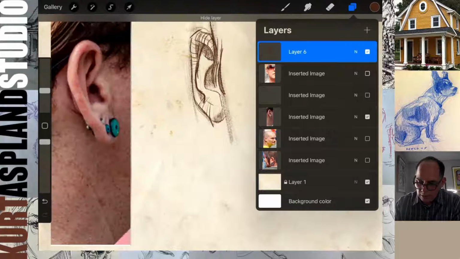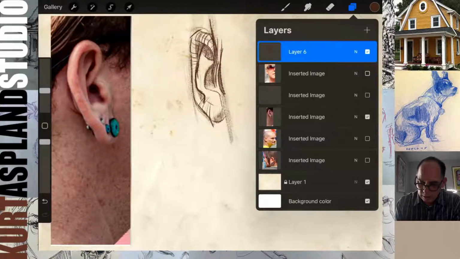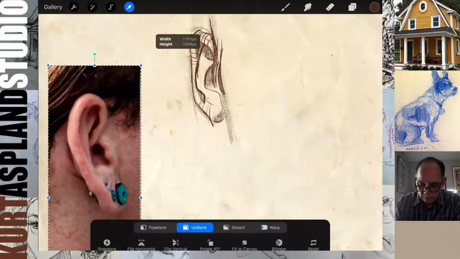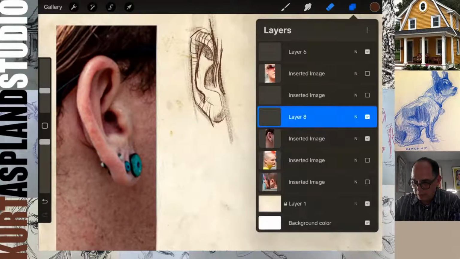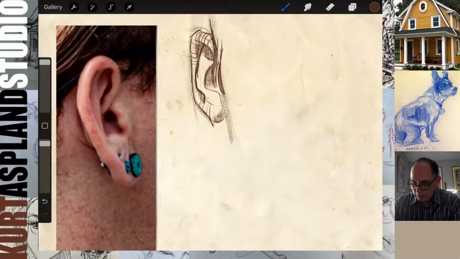All right. Let's try this one here. Okay, so first thing, let's get the position, the angle that it's coming in contact with the face.